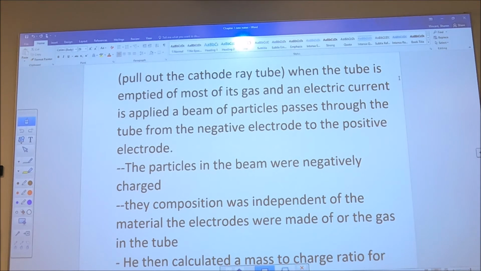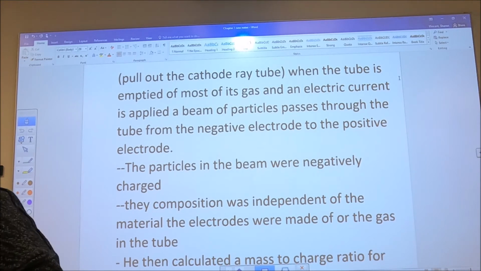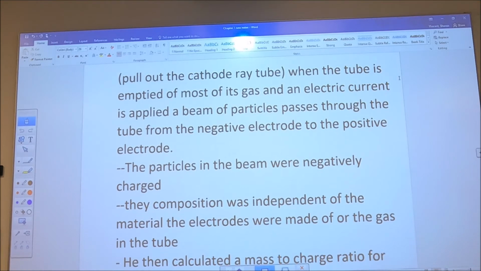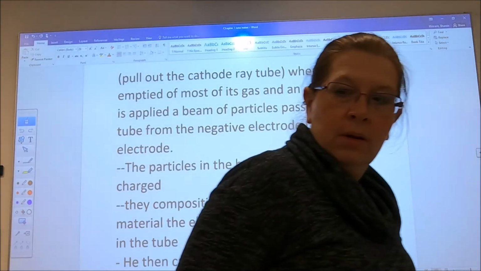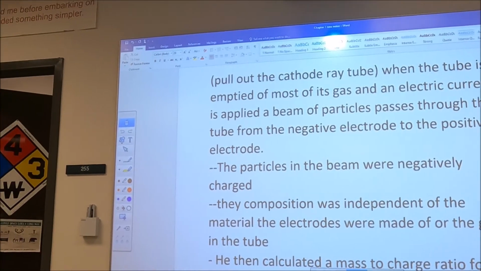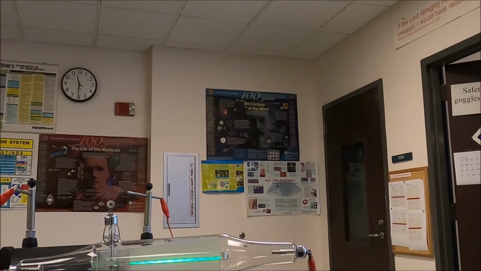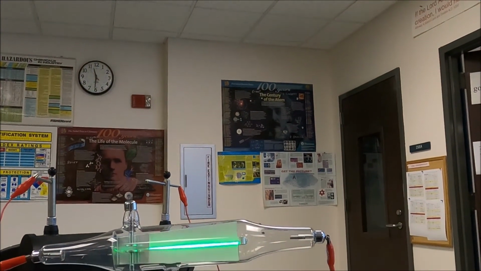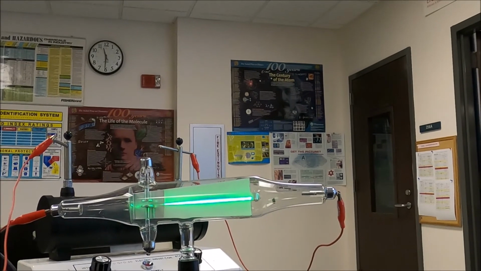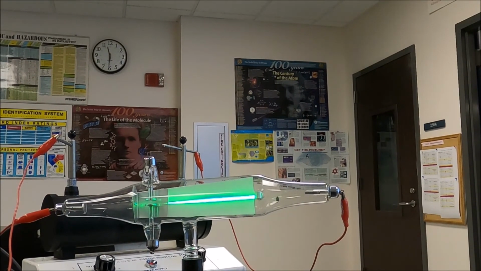I know we've got some dead time here, but it'll be worth it, I promise. There should be a big magnet in my desk drawer. It's a weird shape. Okay, guys, let's see if you can see the cathode ray here. Yeah, let's adjust this down a little bit. That, guys, is a cathode ray.